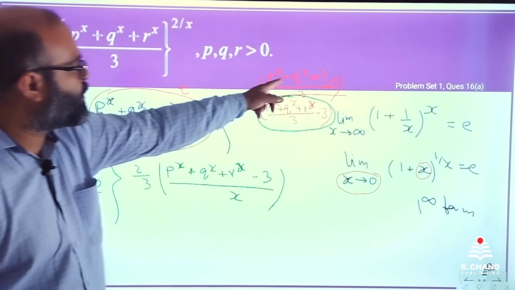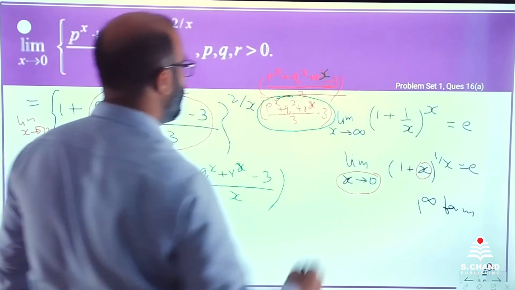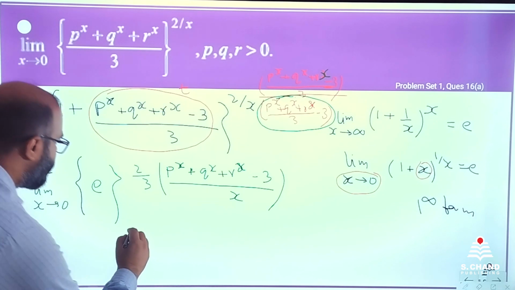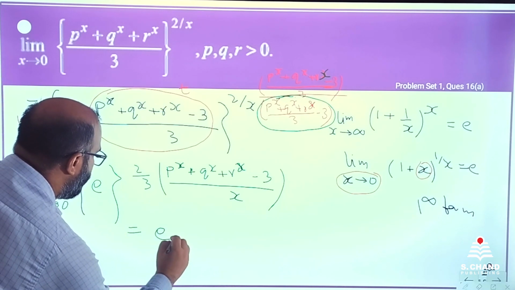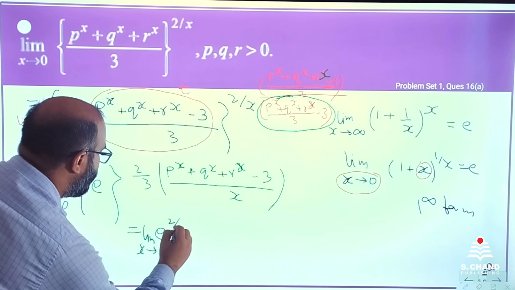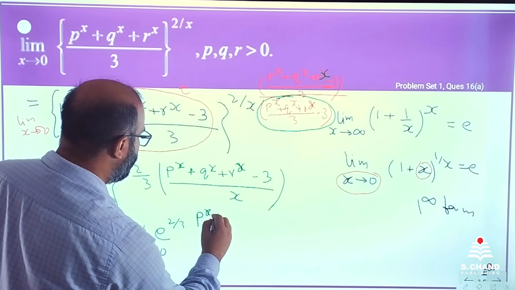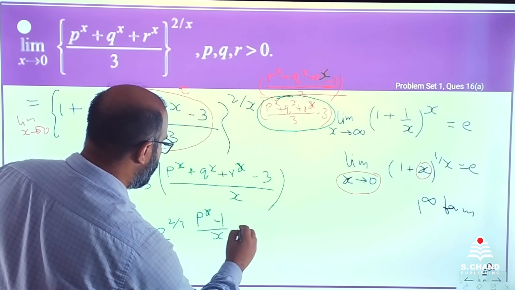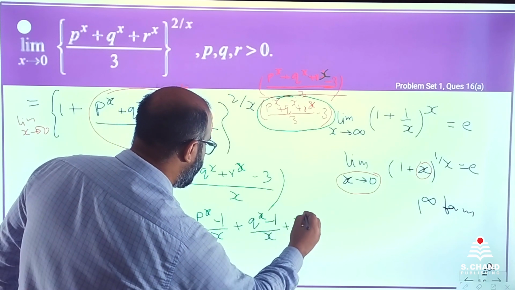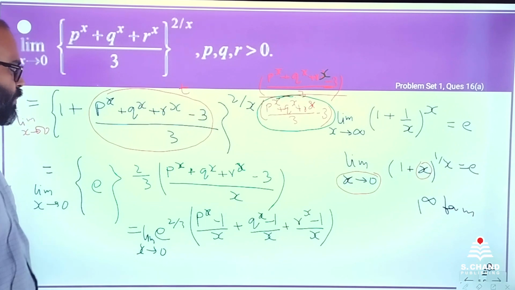So p to the power x plus q to the power x plus r to the power x, minus 3, by x is there. In the next step, we will take it as e to the power limit x tending towards 0 of 2 by 3 times (p to the power x minus 1 by x plus q to the power x minus 1 by x plus r to the power x minus 1 by x), like this.